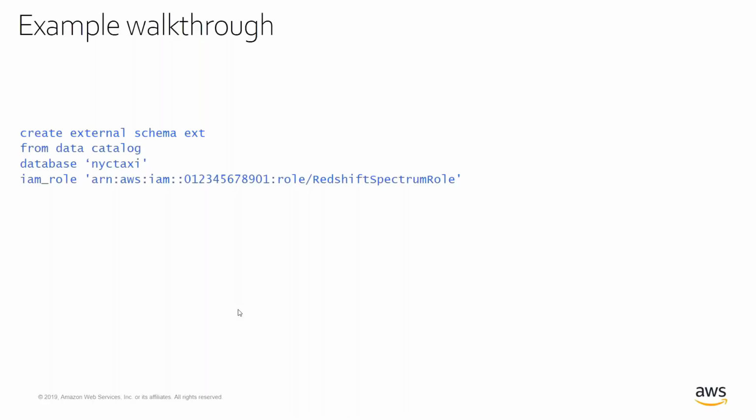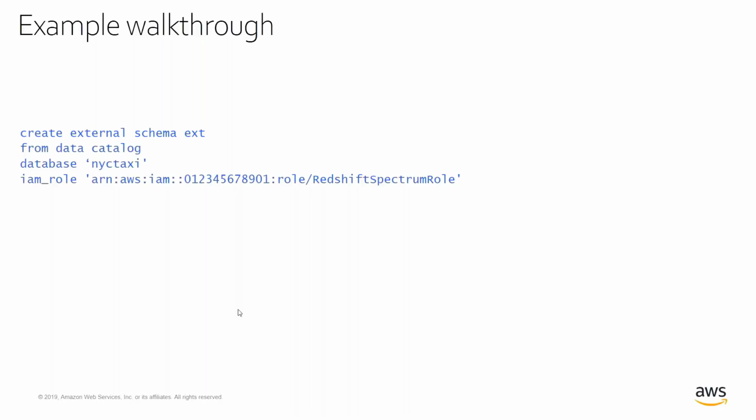And what you want to do is you want to tell Redshift that you want to bring a Glue data catalog, which is outside of Redshift, completely outside of Redshift. You want to bring a Glue data catalog, and within that Glue data catalog, a database called NYC Taxi into the realm of Redshift. So you can query data that is sitting on S3.